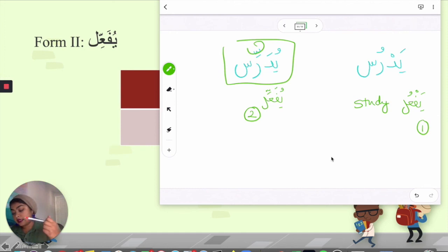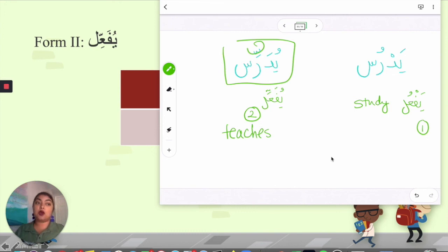So if he makes someone else study, he teaches. So that's how you can understand how the pattern changes the meaning. The pattern in Form 1 is just the meaning of that verb. The pattern in Form 2 is the meaning of the Form 1 verb making someone else do it.